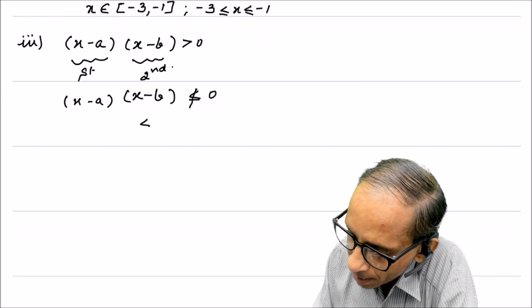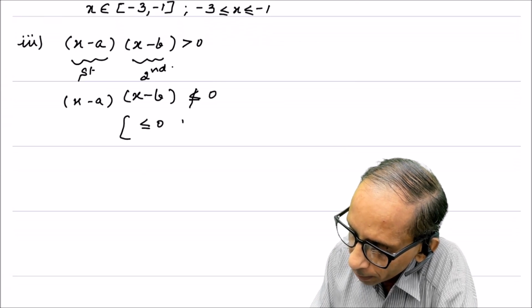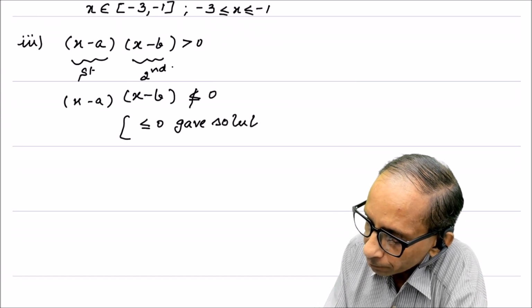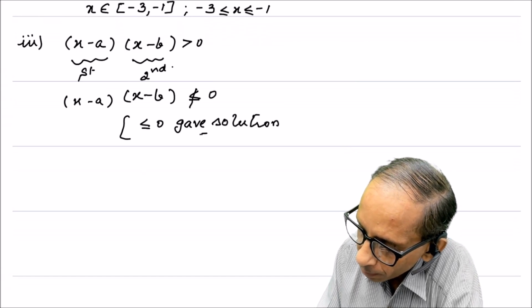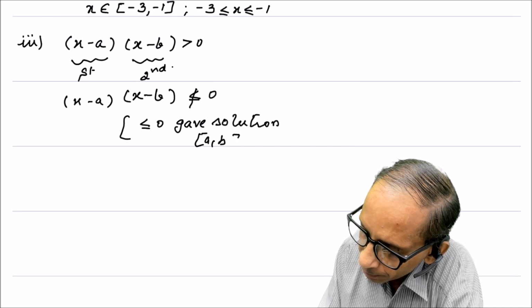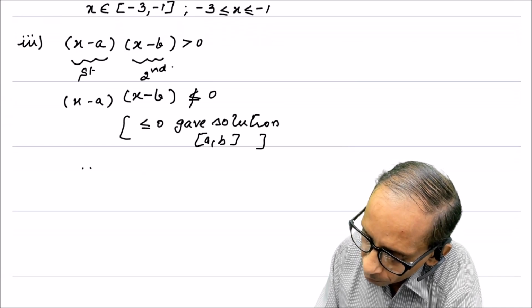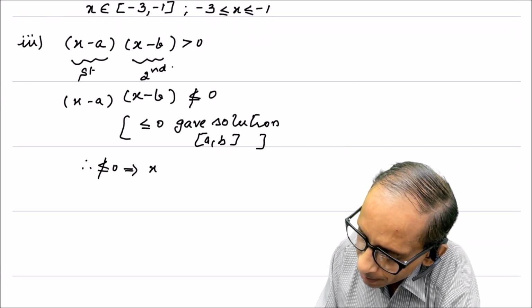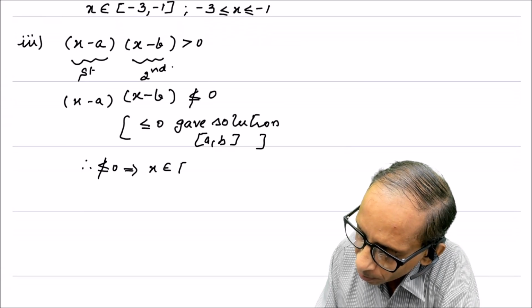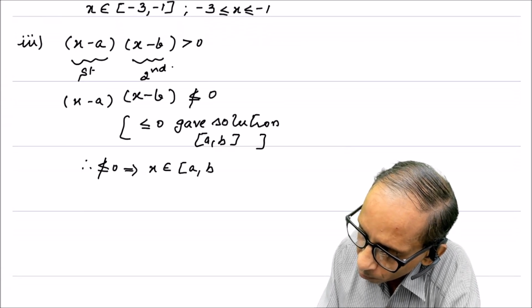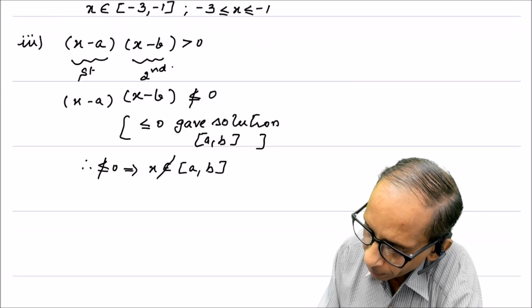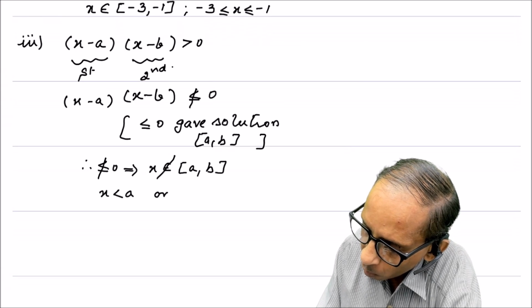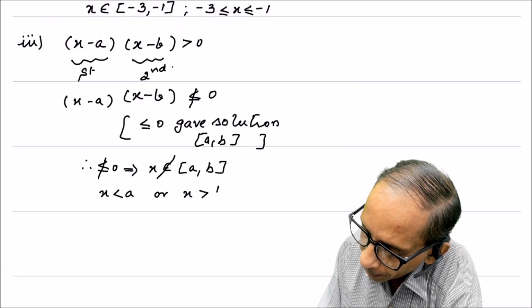So less than or equal to 0 gave us the solution a to b. Therefore, not less than or equal to 0 will mean that x should not belong to this particular interval. So x should be less than a, or x should be greater than b.